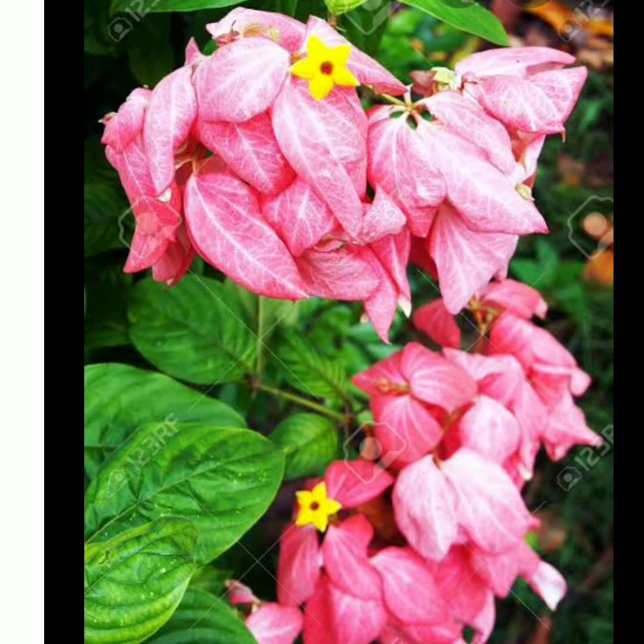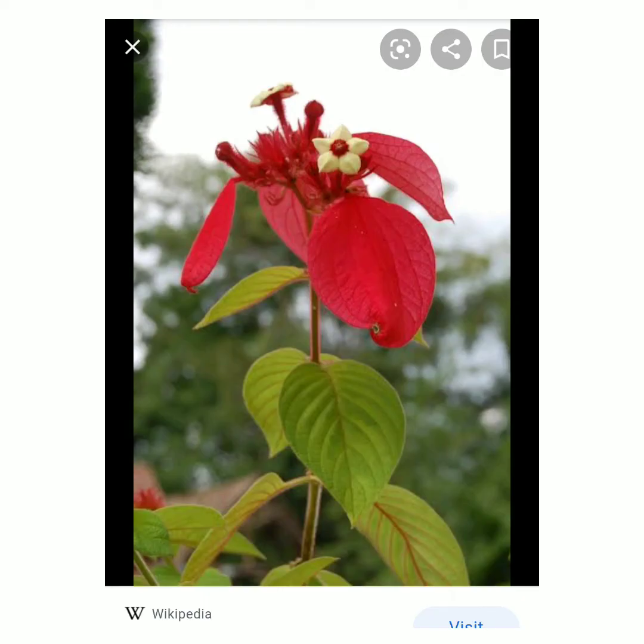The calyx of this plant is brightly colored and not green. In hibiscus, it is green in color. In bauhinia, it is fused and cannot be counted. So in this Mussaenda, it is brightly colored and it acts as a petal.